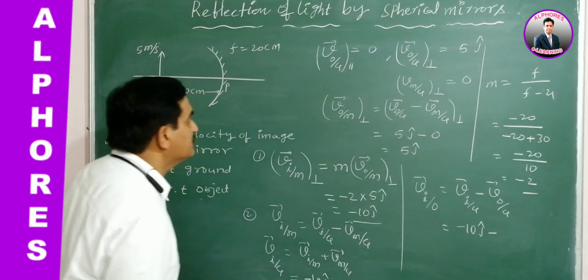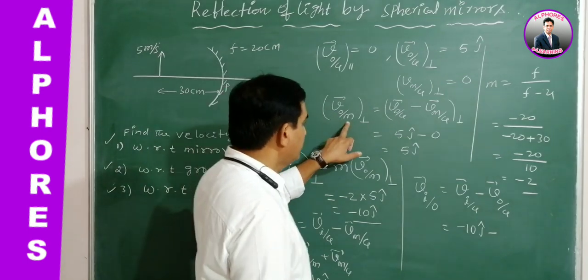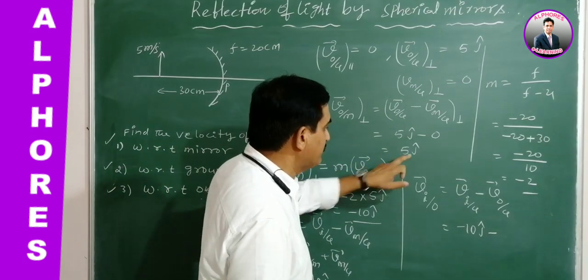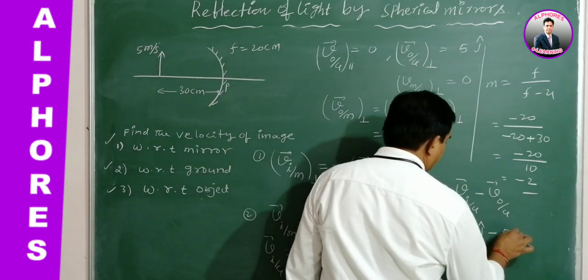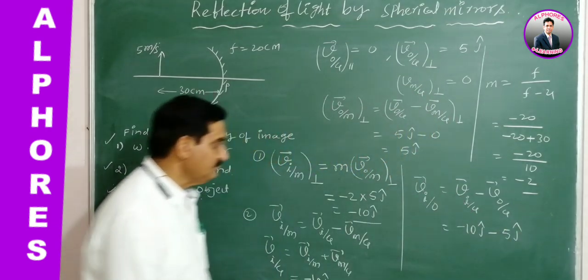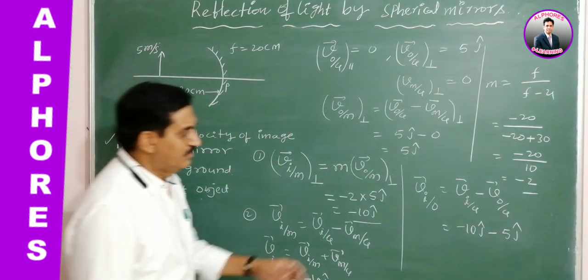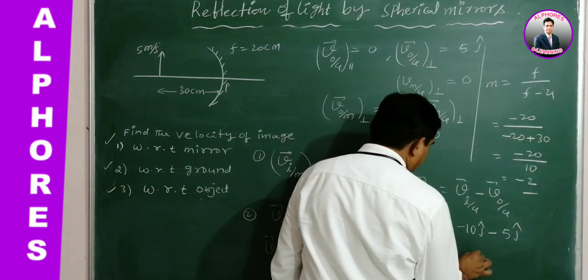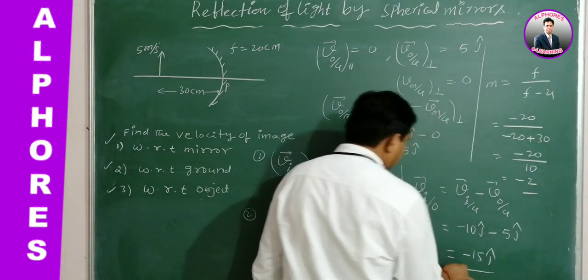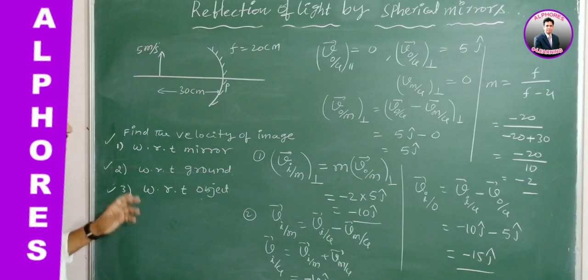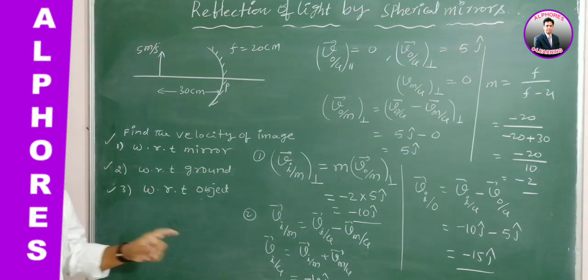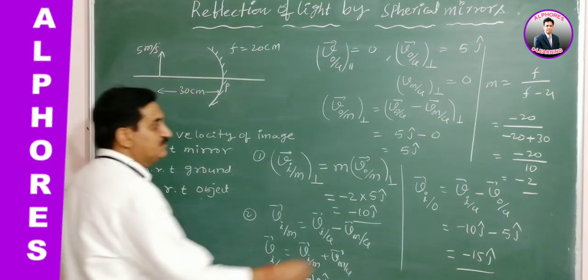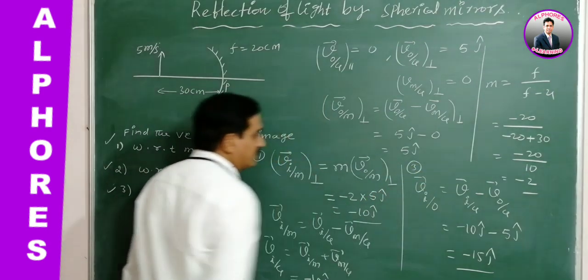Object with ground is 5j. After solving this, you will get minus 15j. This is the velocity of image in the mirror with respect to object. So this is the solution for the third question.